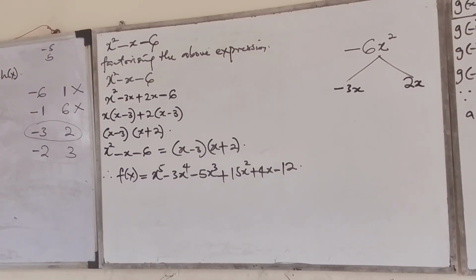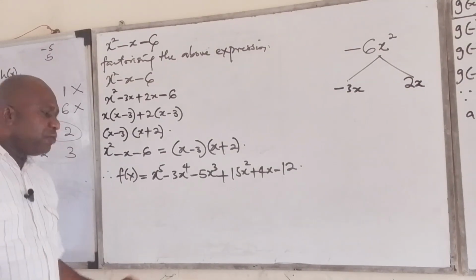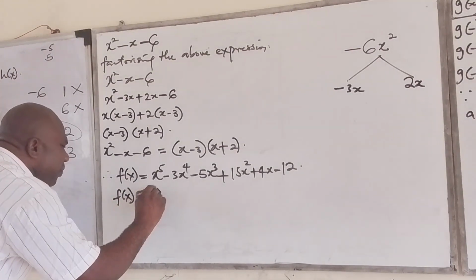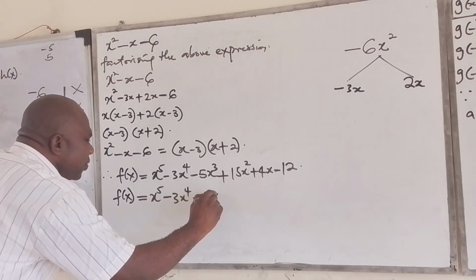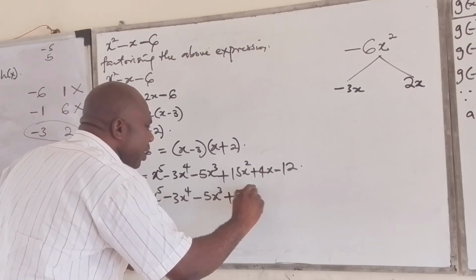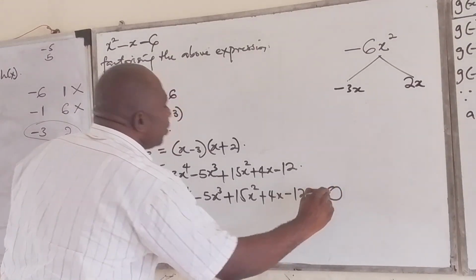Now, remember we're asked to find all the values of x. So it means here our f of x, which is equal to x power 5 minus 3x power 4 minus 5x power 3 plus 15x squared plus 4x minus 12 is equal to 0.